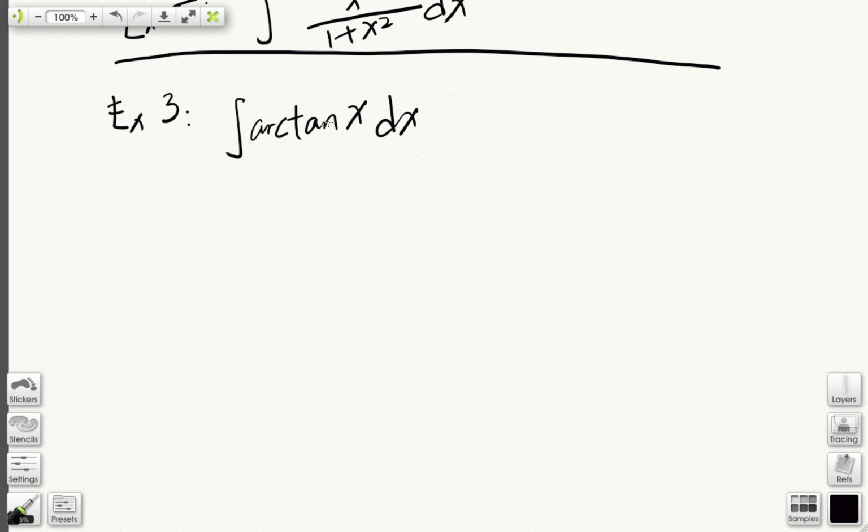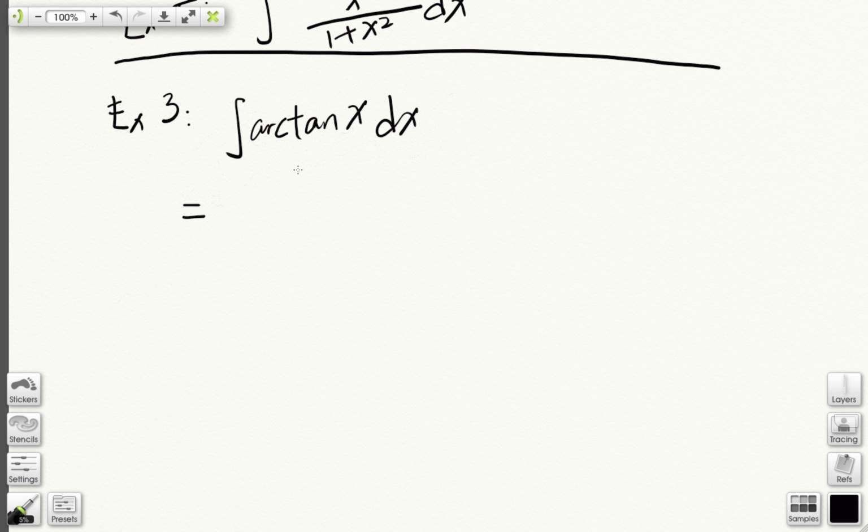It is kind of surprising that there's no such formula in the basic formula table, but it is achievable since we don't know the integral of arctangent of x, but we do know the derivative of it. It's 1 over x squared plus 1, right? So we somehow transform it into the derivative.